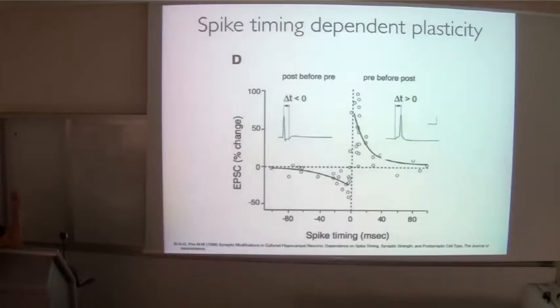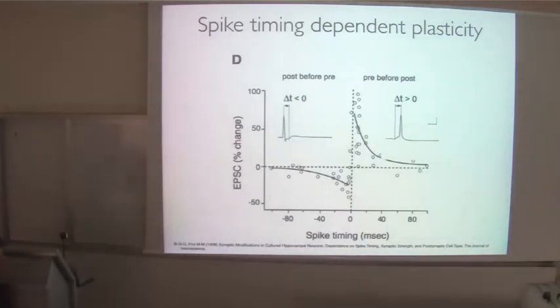In this case, what was done is paired recording with two neurons in a culture. You remember that I told you that hippocampus is very good because you can take these neurons while they're young, put them in a dish, and grow them as a culture, and then you have very good access to every one of the neurons.